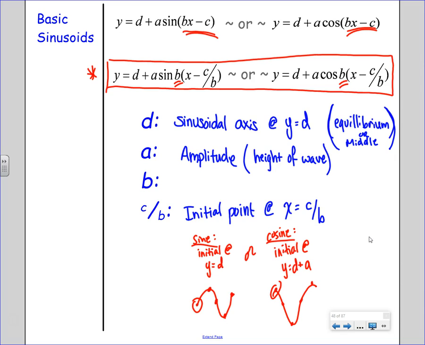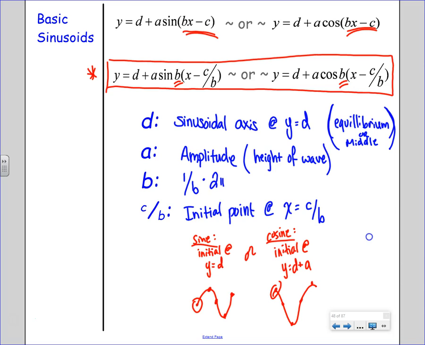Because remember, B, horizontal dilation, is always actually multiplying by 1 over. When we come to stretching and shrinking horizontally, we always have to take whatever is being multiplied on the inside and think about its reciprocal. So B is going to change the length of a curve, which is called its period.